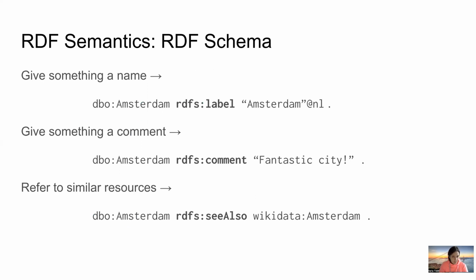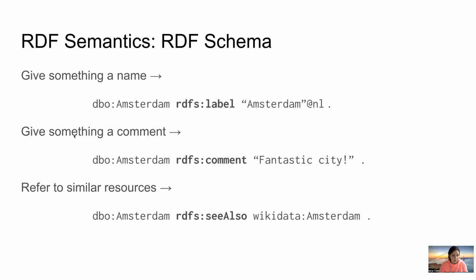Now with RDF schema, you can specify other things. You can give something a name. For example, Amsterdam has a label Amsterdam in Dutch. Recall that the values that are quoted are literals and not URIs, while these two, subject and predicate, are URIs.